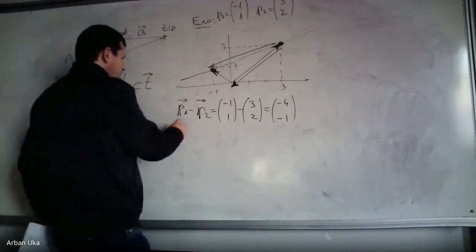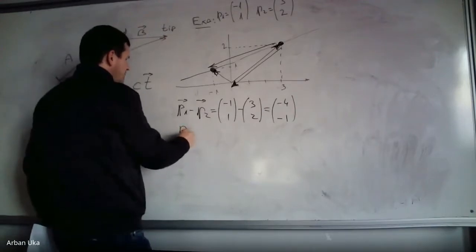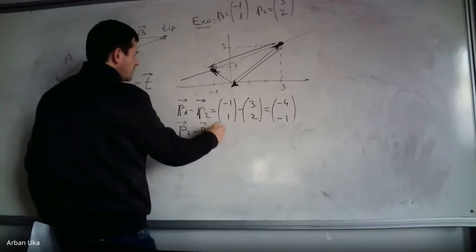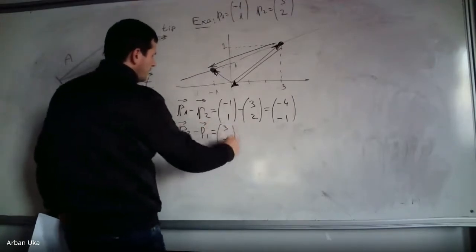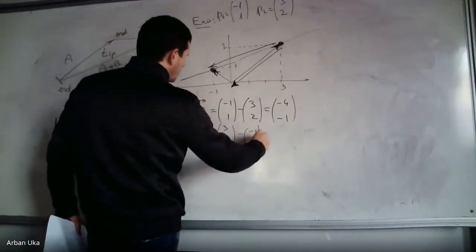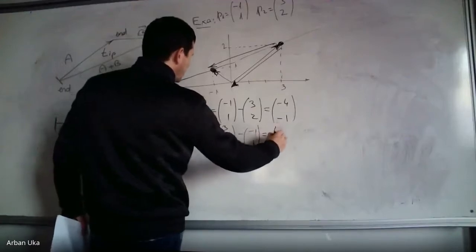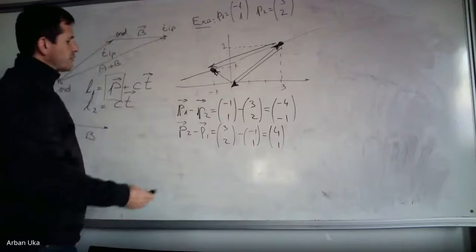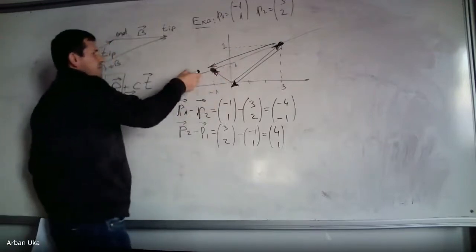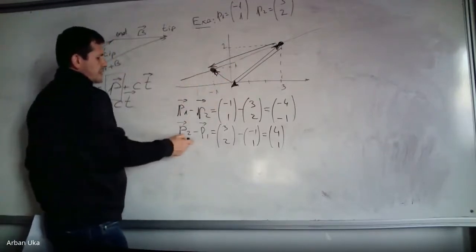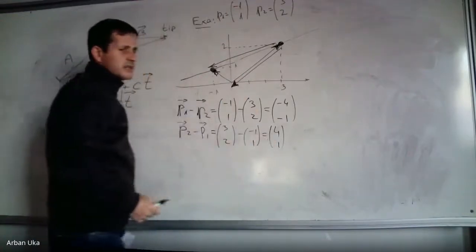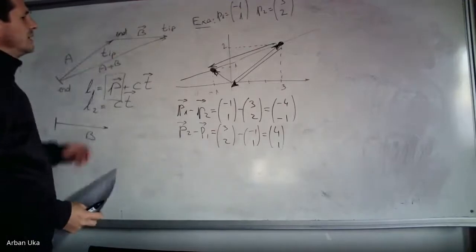We can also consider the following. We can say that P2 minus P1 is fine, no problem. If we do P2 minus P1, we get 3, 2 minus -1, 1, and this will be equal to 4, 1. Okay, so the first one determines this vector pointing downwards, and this other one is a vector pointing in the other direction, so the sign is also changing.